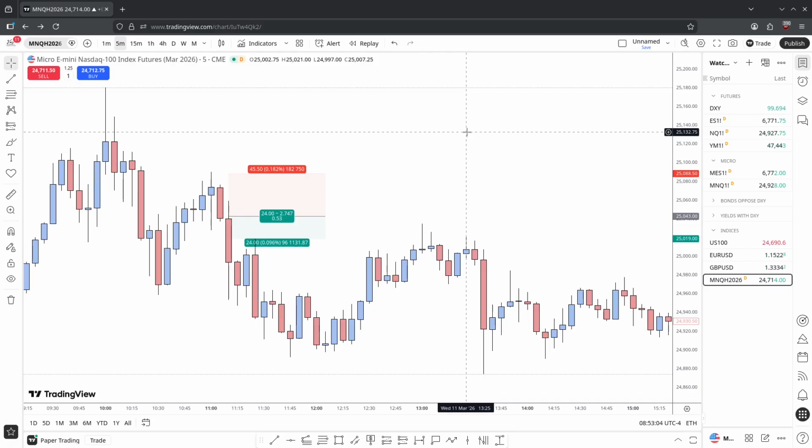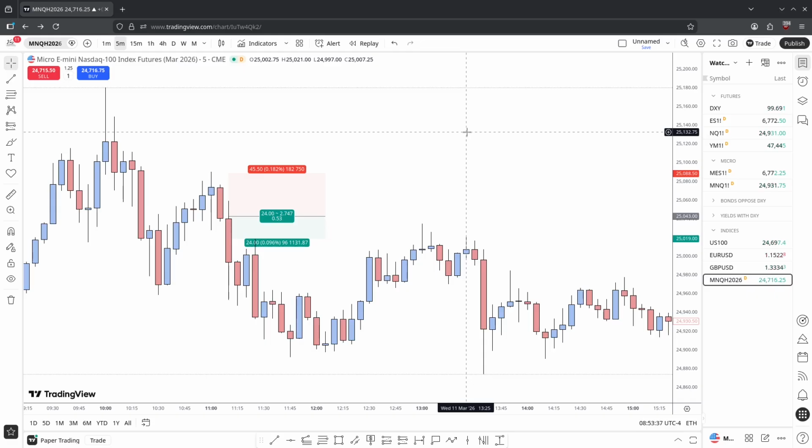But this has been a little miniature series of how I would be approaching Jade's strategy, and I can see why he's using this strategy because it just kills off so many nuances and questions that would arise in your mind, like, okay, when do I start hunting for an entry?